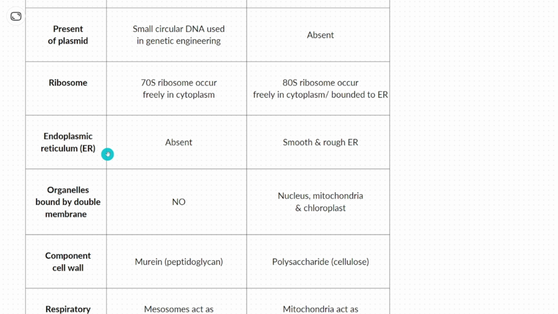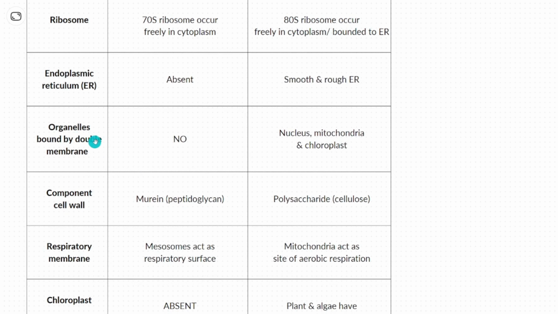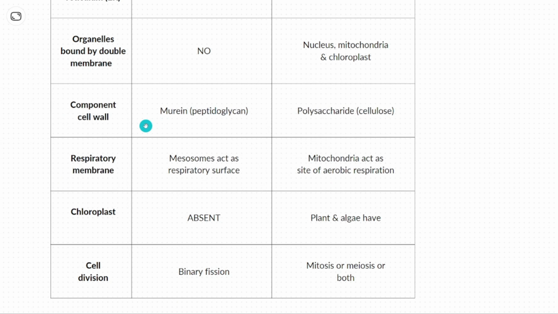And endoplasmic reticulum is absent in prokaryotic, but present in eukaryotic. And there are no organelles surrounded by a double membrane, like nucleus, mitochondria, chloroplast. All that the prokaryotic cell does not have. It's absent. But the eukaryotic cell has this kind of organelles. And another one is the component of the cell wall.